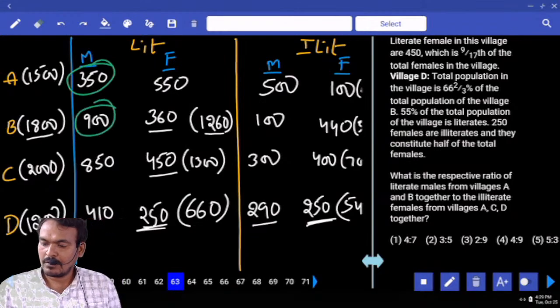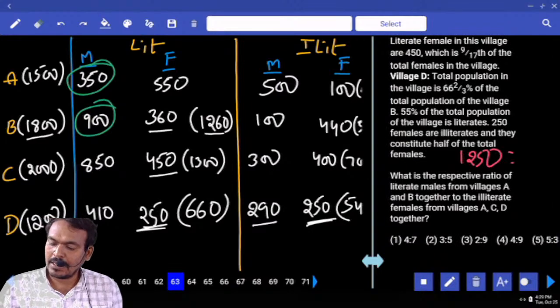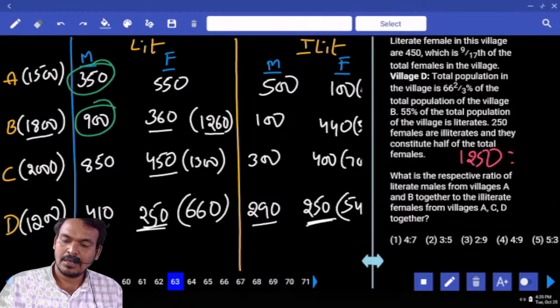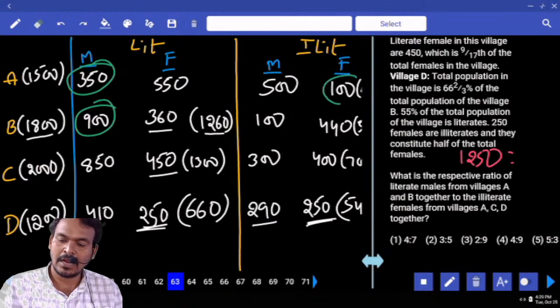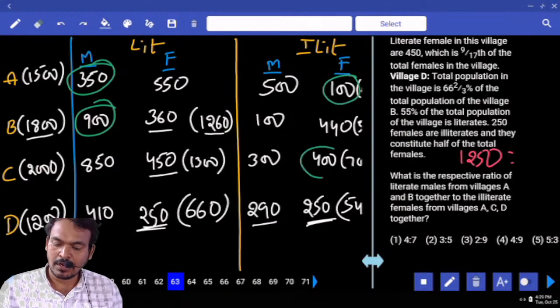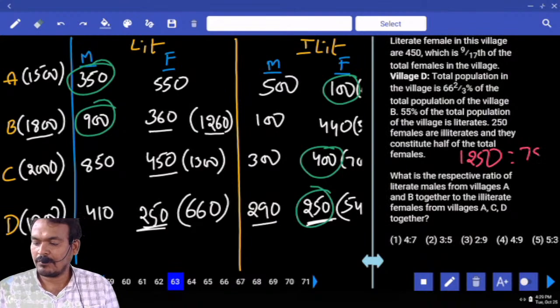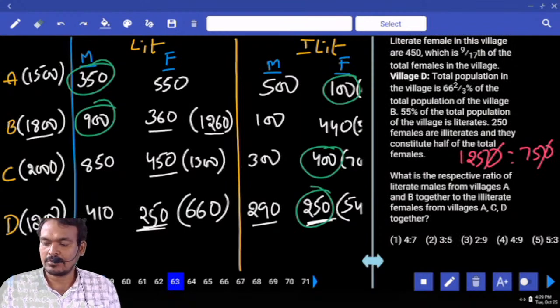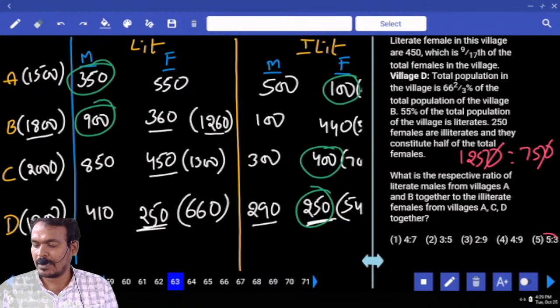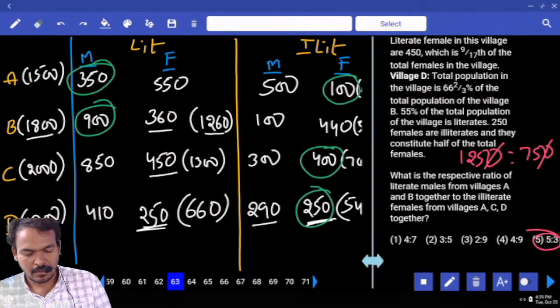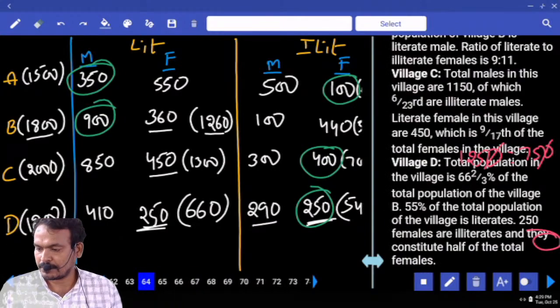Total it is 1250. Next, ACD illiterate means 100, 400, 250 or not? Total it is 750 or not? Zeros are cancelled. 25 5 times, 25 3 times. 5 is to 3.